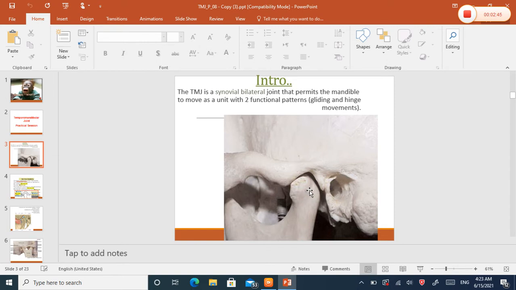And there is another bone. This is the condylar process, or sometimes we call it condyloid process, or mandibular condyle.